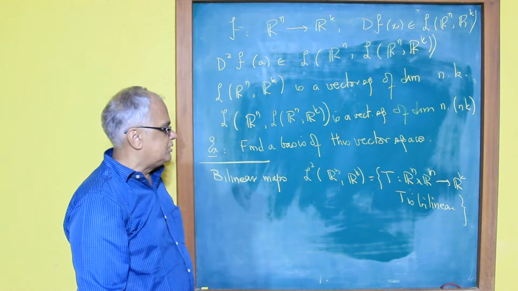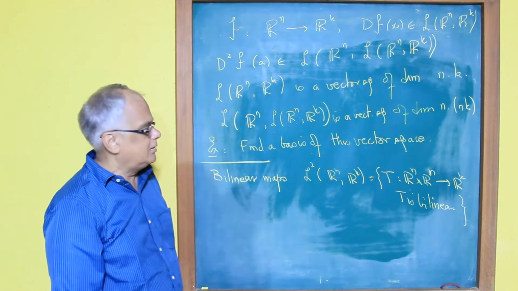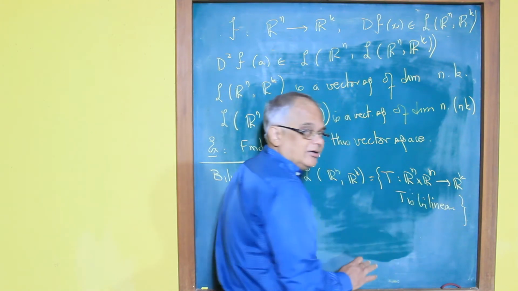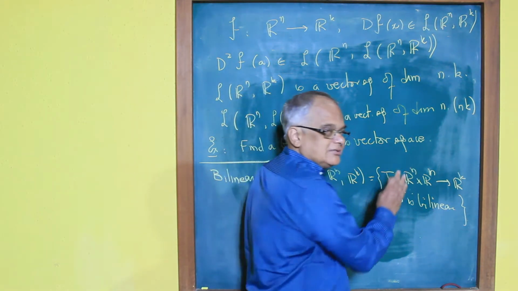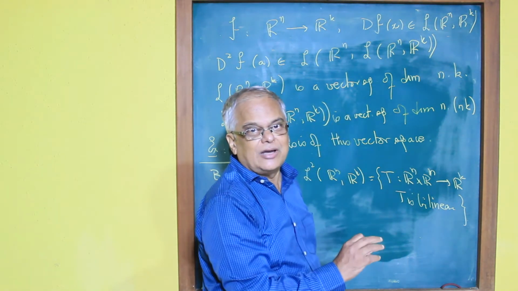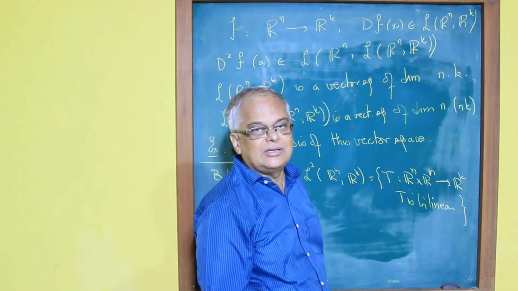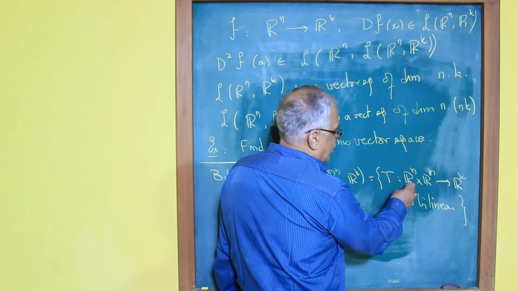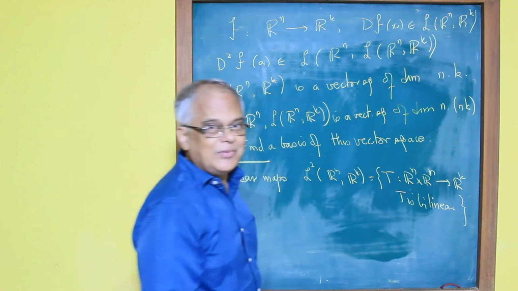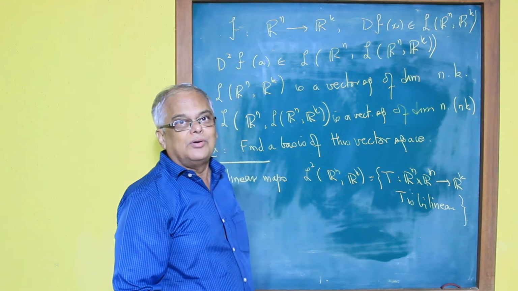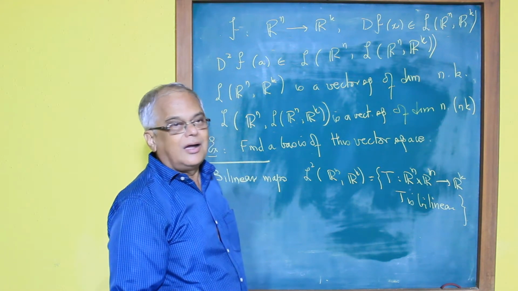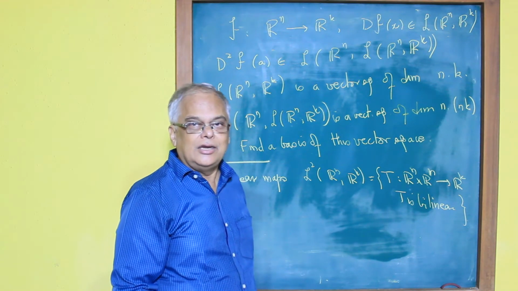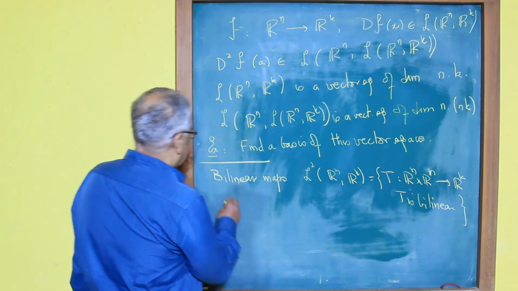Now if you try to count dimensions, keep the first variable fixed, then T is a linear map from Rn to Rk, and that gives you an n times k dimensional space. But each of these points in the first variable is an n-dimensional object, and therefore you hope that L2 of Rn, Rk is also n into n times k dimensional.